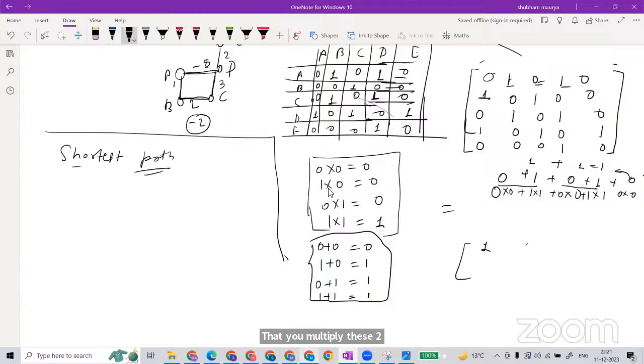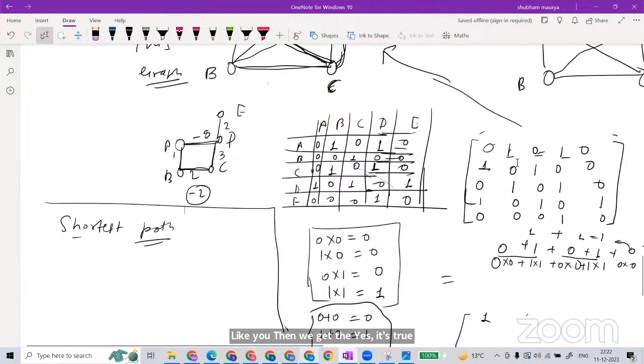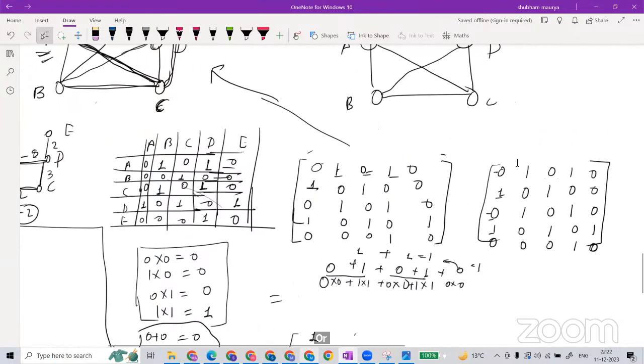Sir, if you multiply these two matrices, like you write over, then we get A2. So we will find A2, multiplying two times. What is happening?